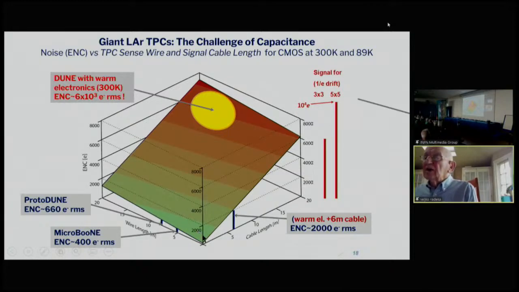If you start adding cable length for external warm electronics, the noise increases, and the cable lengths in a large cryostat, such as in DUNE, would be just too long. And so essentially DUNE would not be feasible without cold electronics.